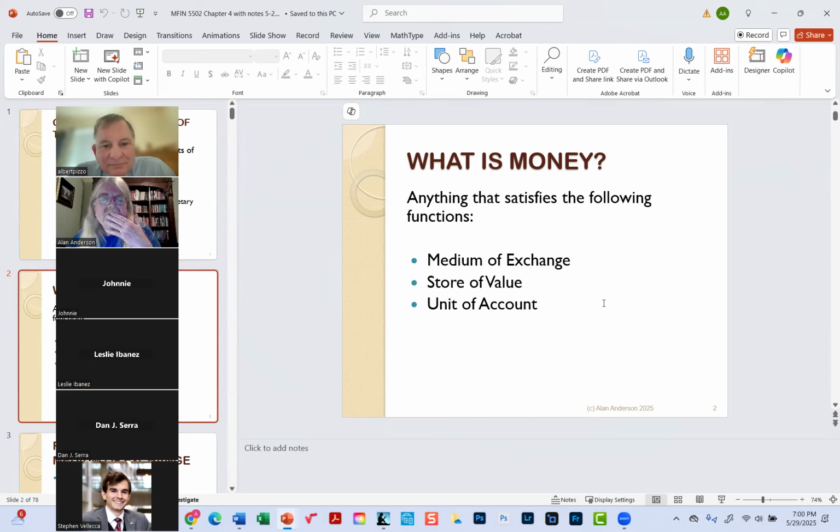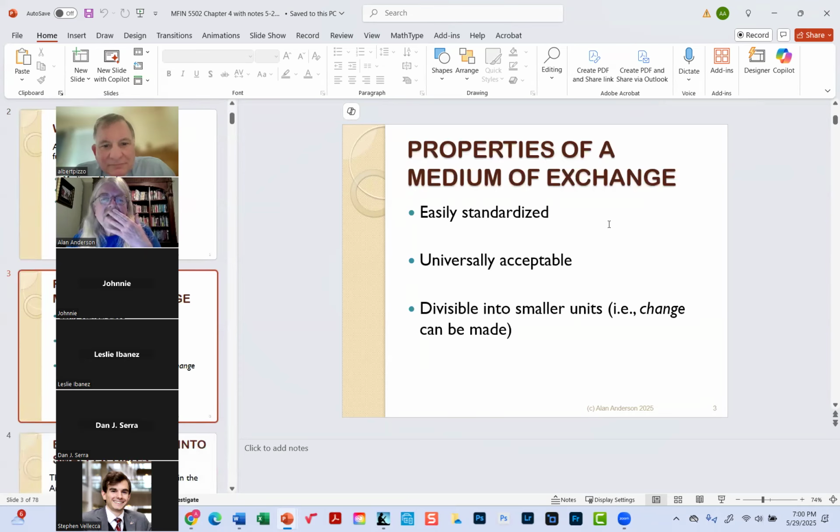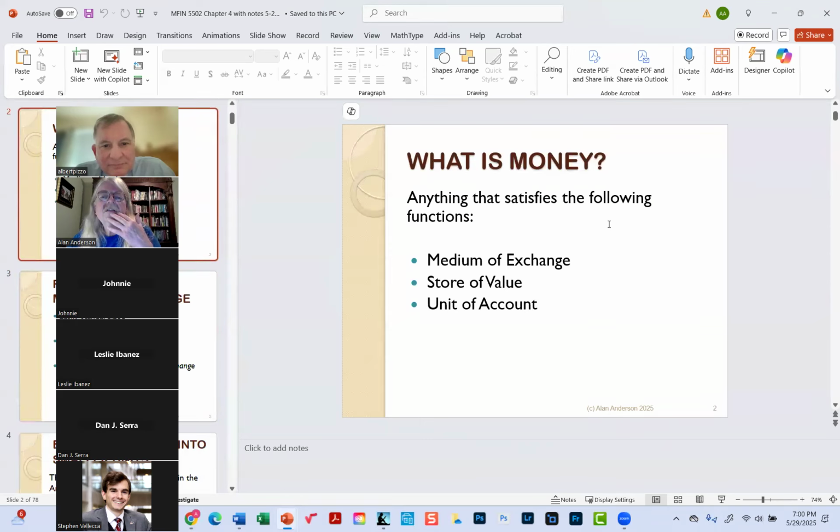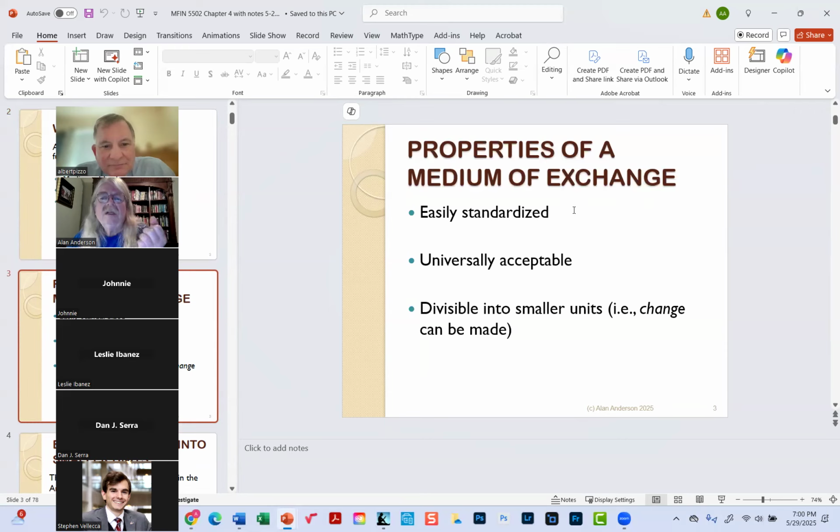Okay. So now, as far as the medium of exchange goes, it has its own separate set of properties. It must be easy to standardize. Gold and silver are perfect examples of this because it was easy to take coins and stamp the picture of the king on them and dates and that type of thing, so everybody recognized them as being valid coins.